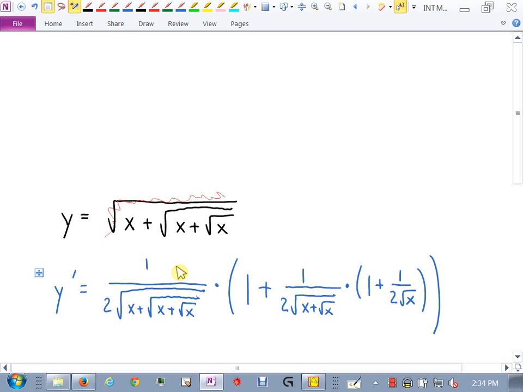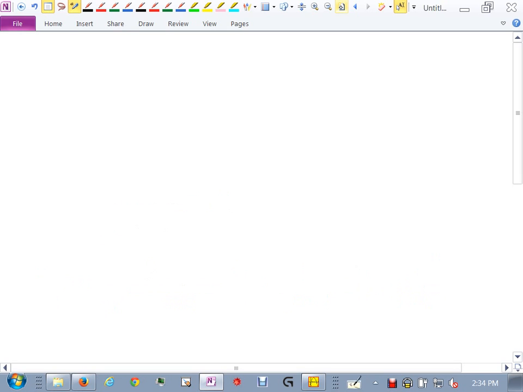Now, the only way to get good at this is with practice, right? Practice, practice. So what I think you should take a look at is page 120. Yes, this is homework.